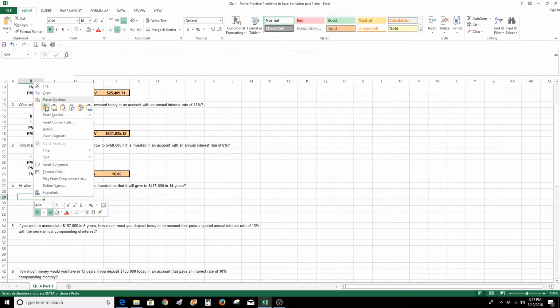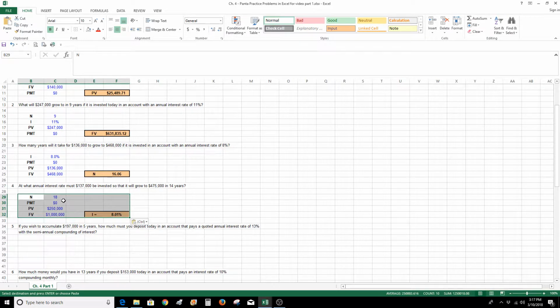Go here, right click and paste. At what annual interest rate must $137,000, that's your present value, be invested so that it'll grow to $475,000 in 14 years? And that gives us 9.29%. Okay.